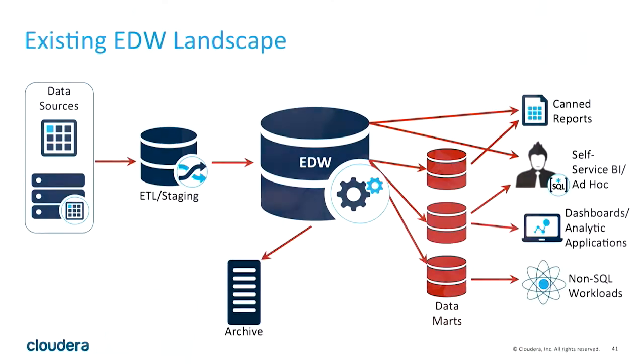If we simplify a lot of what we see in organizations today, you have a bunch of different data sources that go into staging environments, and typically it's actually multiple staging environments and multiple data sources coming in. I've simplified it here, funneling into data warehousing environments. And in order to take advantage of self-service BI and additional use cases, we see a lot of these organizations with shadow IT and data marts popping up, where end users are finding that, hey, I need to find a way to answer the questions that I'm looking at.